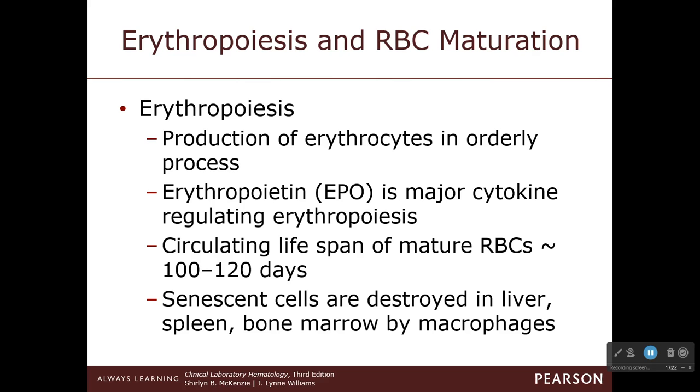But for instance, this one, the colony forming unit, actually responds to low levels of EPO, okay? So even at low levels of EPO, you can get colony forming units, erythroid cells. They'll form, do what they're supposed to do, and then go into maturation for the rest of the thing.